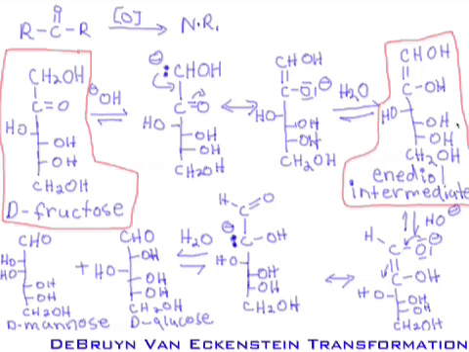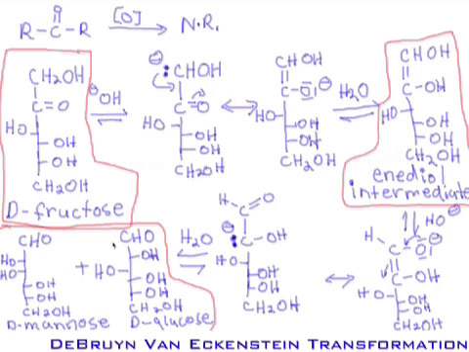So in base, via the enediol intermediate, D-fructose can convert to D-mannose and D-glucose. Now, D-mannose and D-glucose both have aldehyde groups, which can get oxidized. Hence, the D-fructose doesn't really get oxidized.